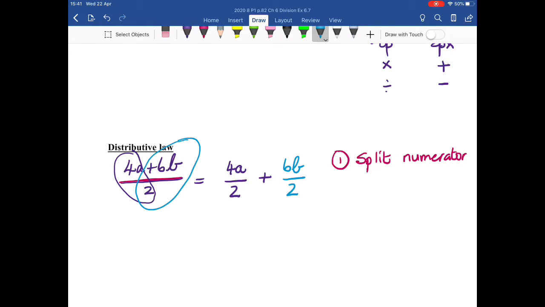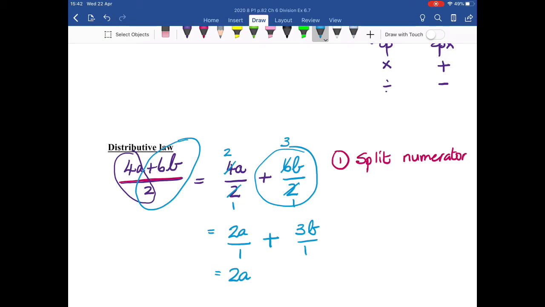Now I can simplify because 2 goes into 2 once, 2 goes into 4 twice. On this side, I'm left with 2a over 1, which is 2a. Now I look at the next term. I've got a plus, so I put a plus there. 2 goes into 2 once, 2 goes into 6 three times, and I've got 3b over 1, which is equal to 3b.